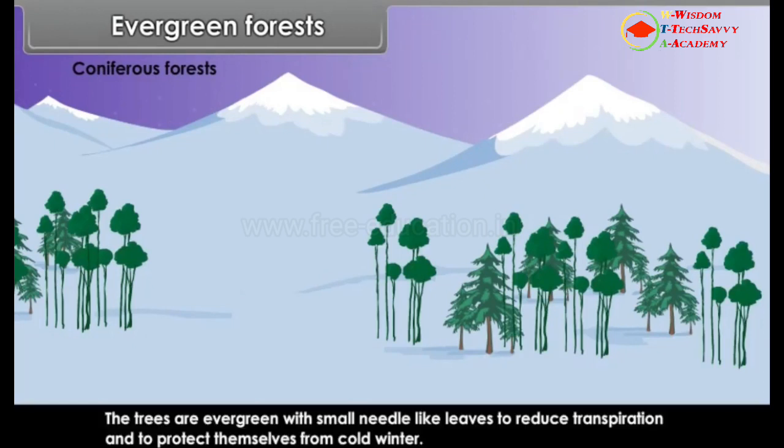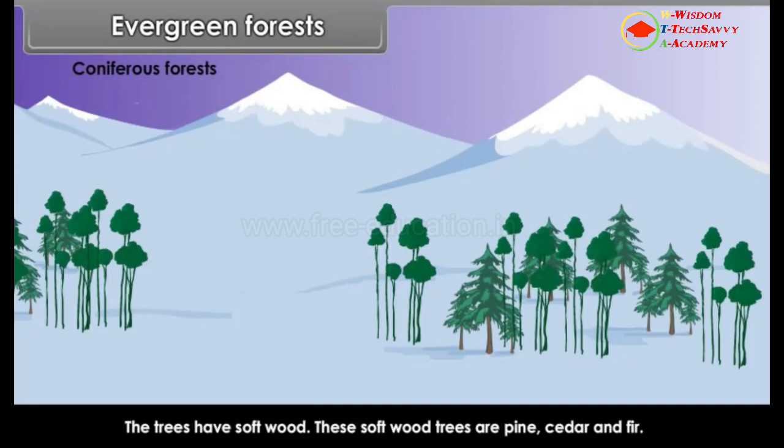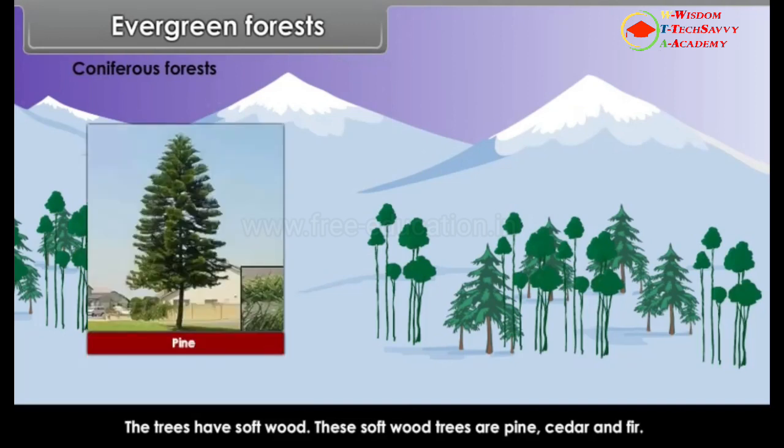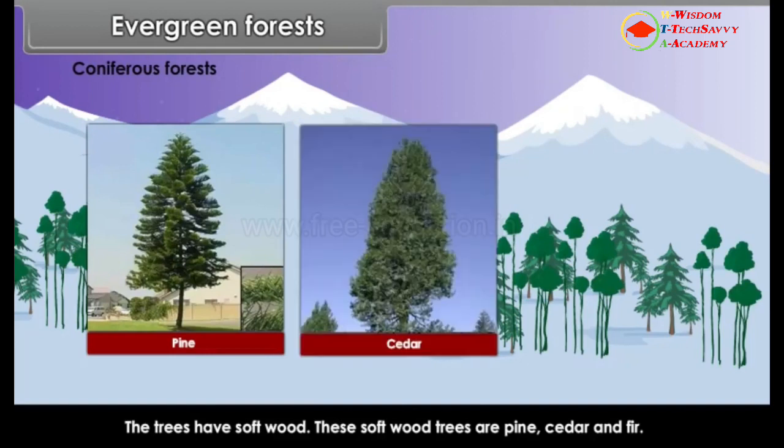The trees are evergreen with small needle-like leaves to reduce transpiration and to protect themselves from cold winter. The trees have soft wood. These softwood trees are pine, cedar, and fir.